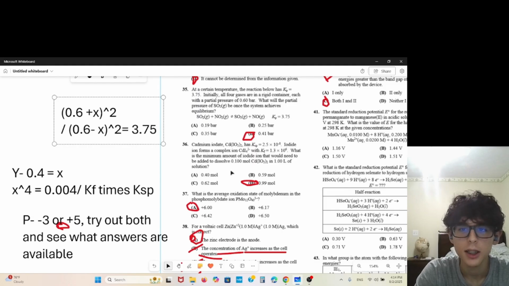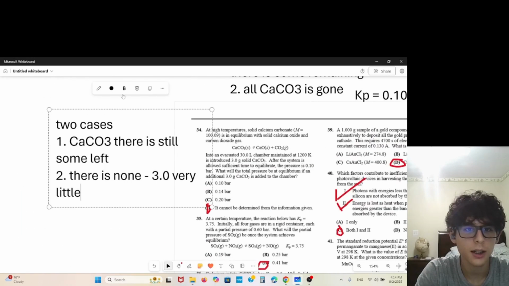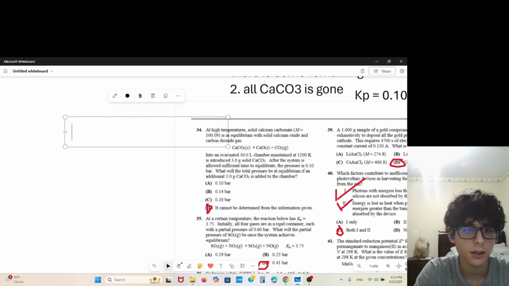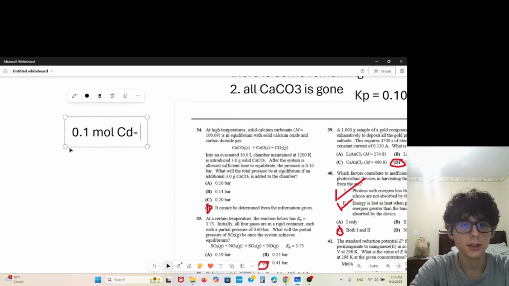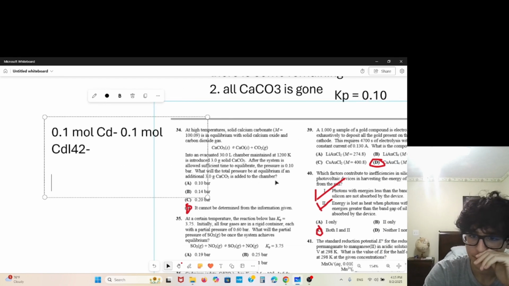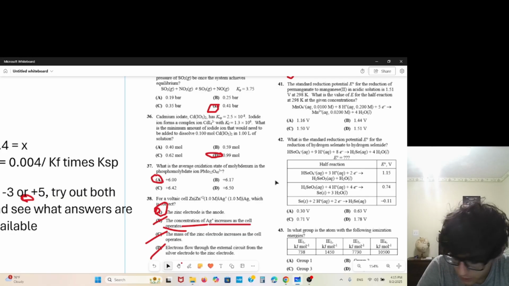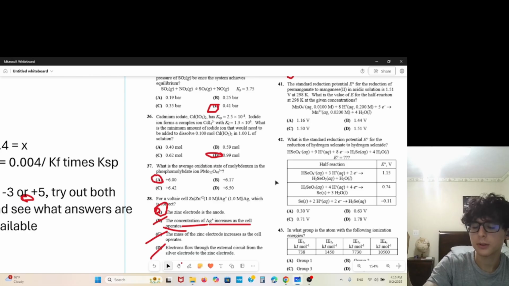Such a high equilibrium constant, it's going to go directly to that complex ion. So 0.1 mole Cd, 0.1 mole CdI4 2-. It's minus, right? Okay. So plug that in, 0.2 for IO3-. So you're going to have 0.1, 0.2, minus 0.4 on the left.